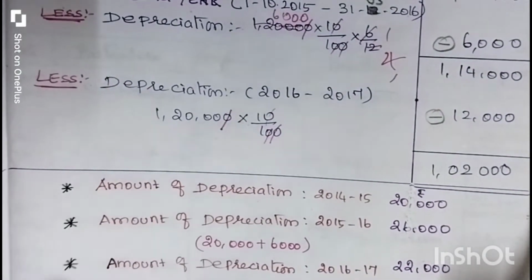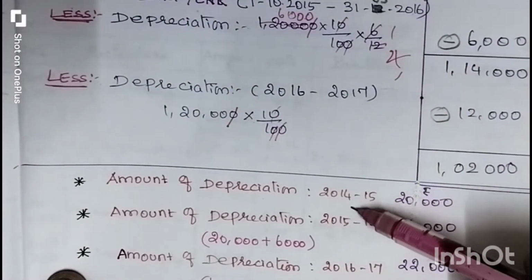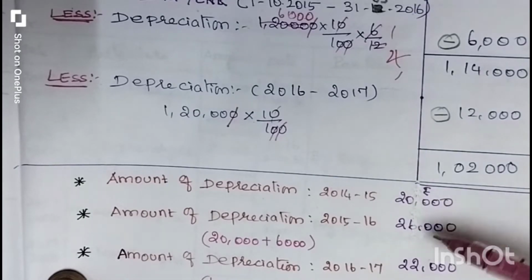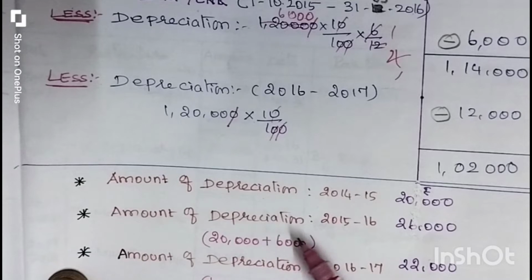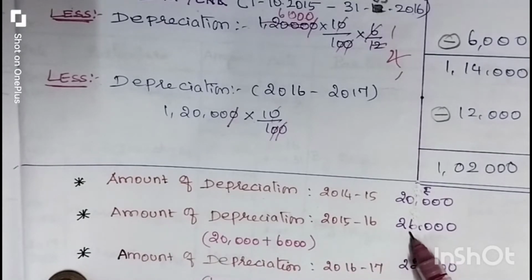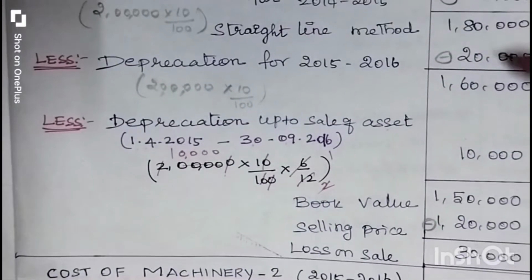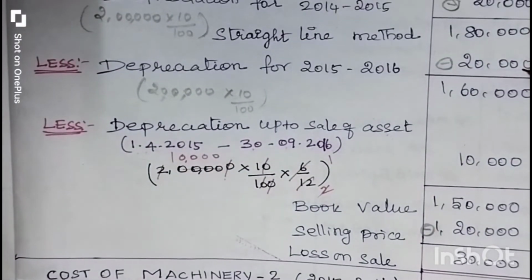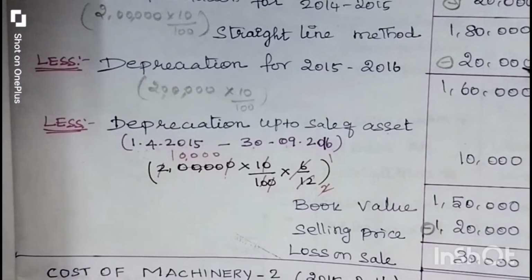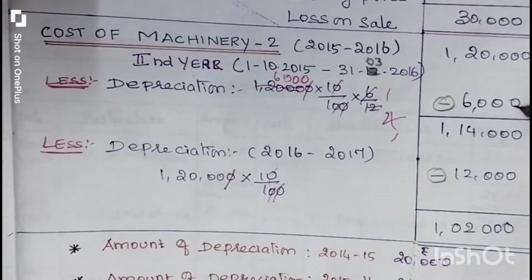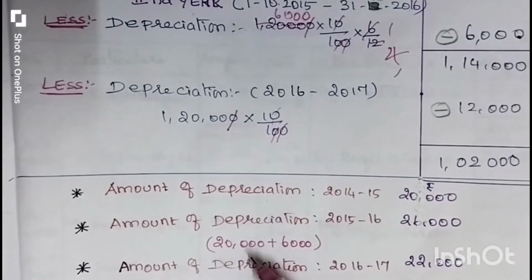Okay. So we found the depreciation value of 2014 to 15, 20,000 rupees, and the amount of depreciation 2015 to 16, 26,000. How can you say? Because the first machine depreciation value is 20,000 for 2015 to 16, and the second machine depreciation value is 6,000 for 2015 to 16. We have to add both values.